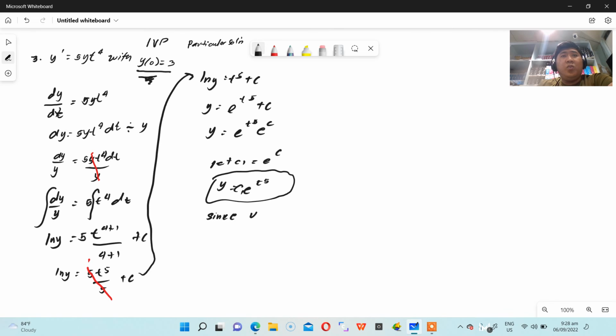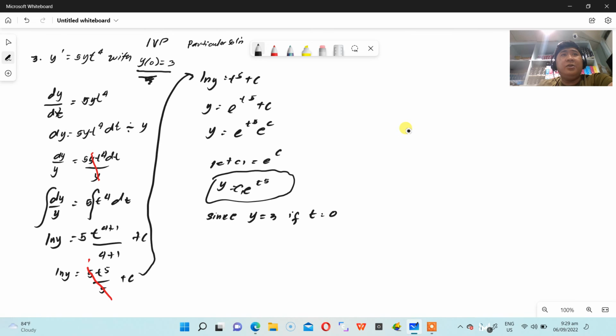Since y will be equal to 3 if your t is equal to 0, meaning the cause of the change on your y will depend on the value of your t. The one that causes the y to change is your t, your denominator. So this is the value of your t.